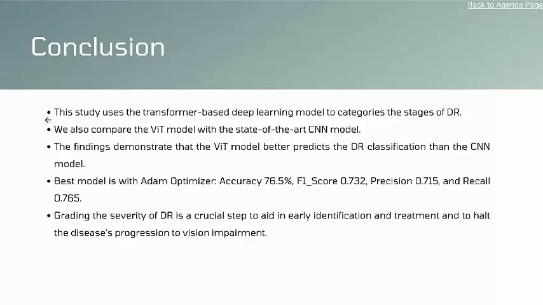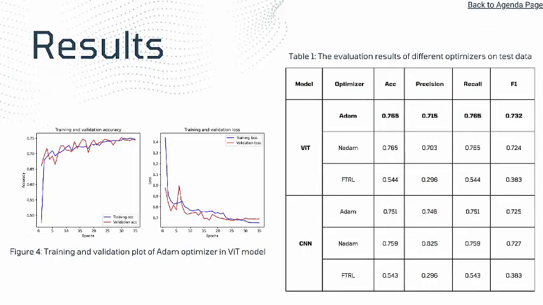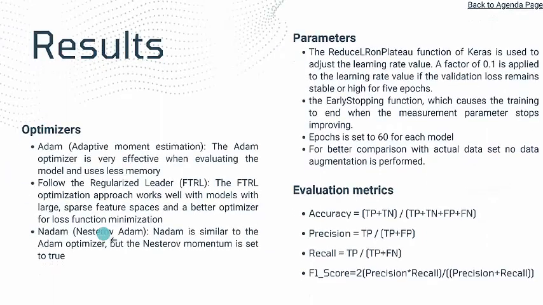The best model with the ADAM optimizer has accuracy 75%, F1 score 73%, precision 71.5%, recall 76%. Grading the severity of DR is a crucial step to aid identification, treatment, and halt the disease progress. And so this concludes our result of the best model we got.